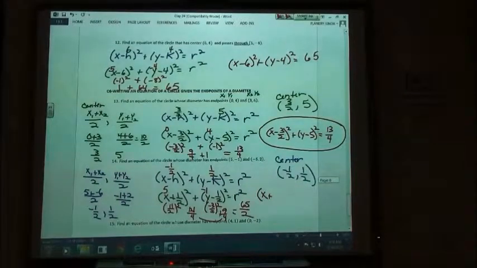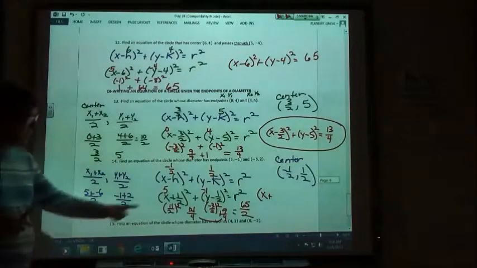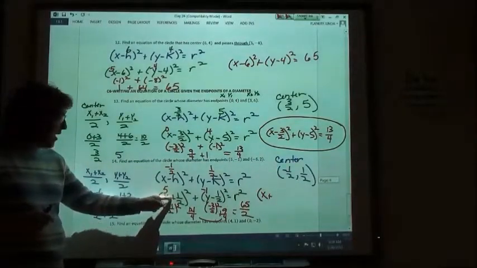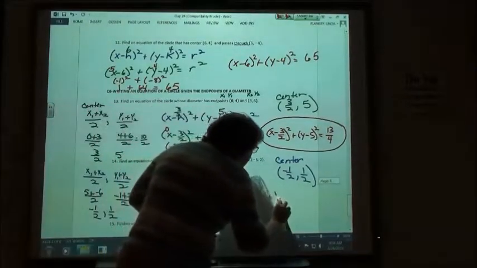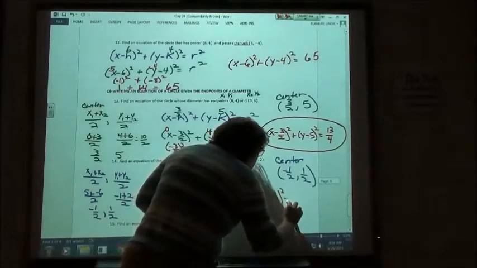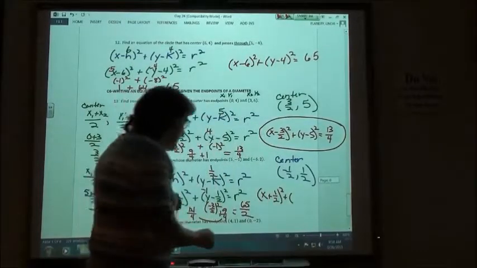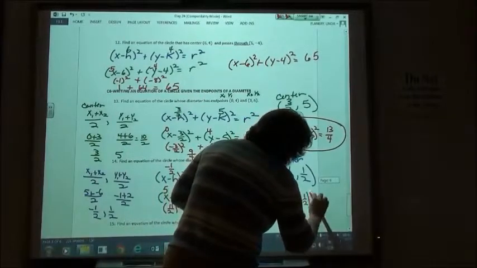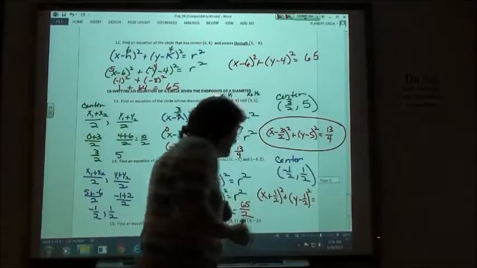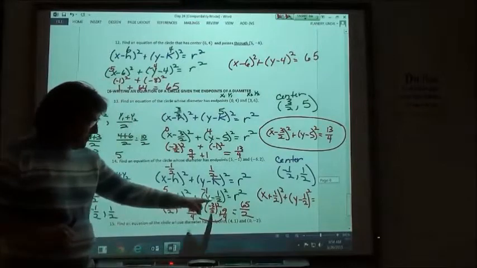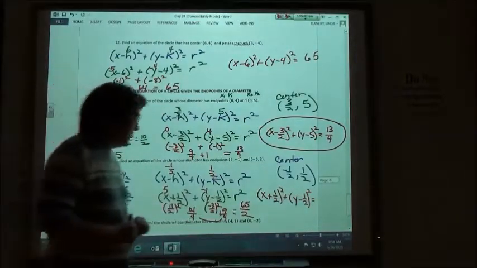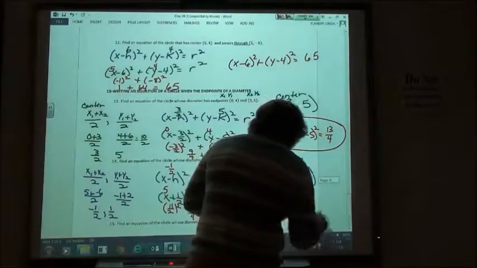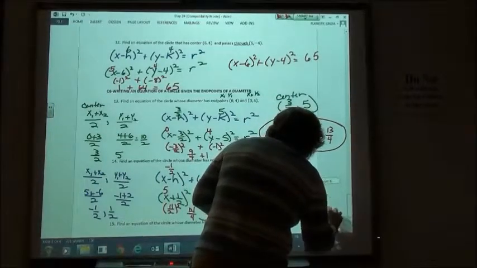Oh, not negative a half, positive. x plus a half squared, plus y minus a half squared equals 65 over 2.